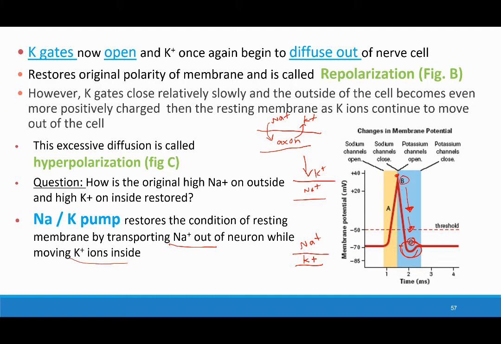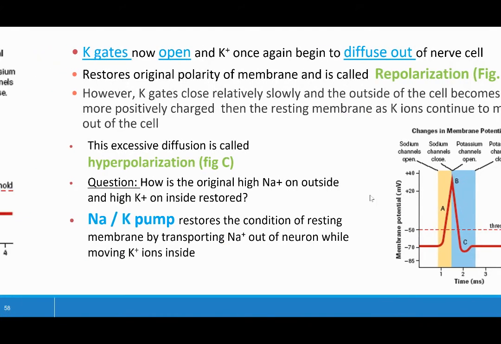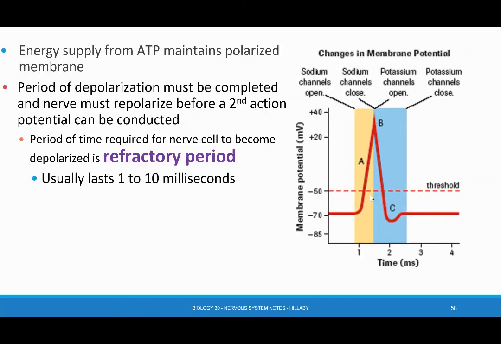And that will reestablish resting membrane potential. And that time it takes to get from an action potential back to resting membrane potential is referred to as the refractory period. So energy supply from ATP maintains the polarized membrane.